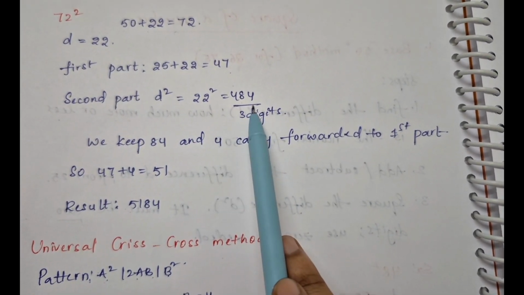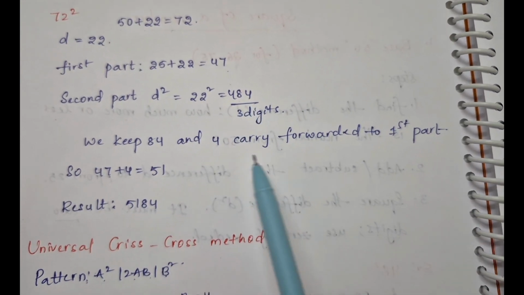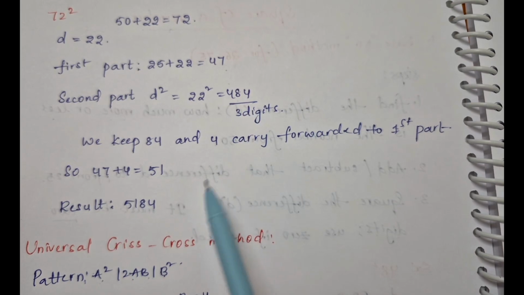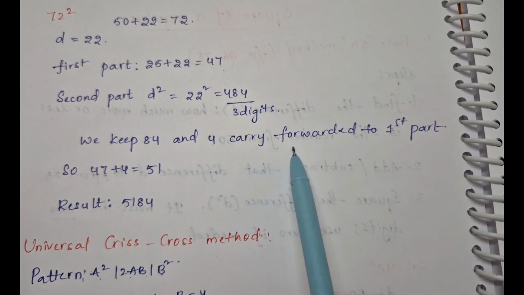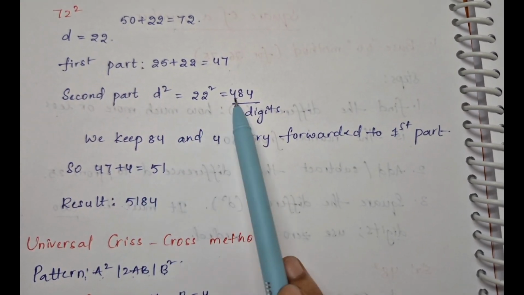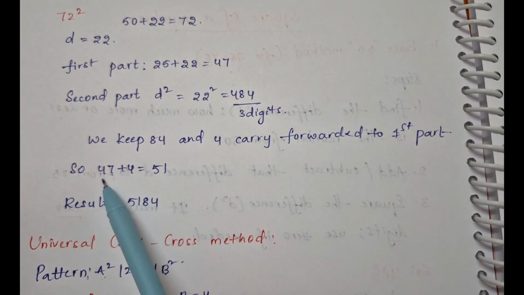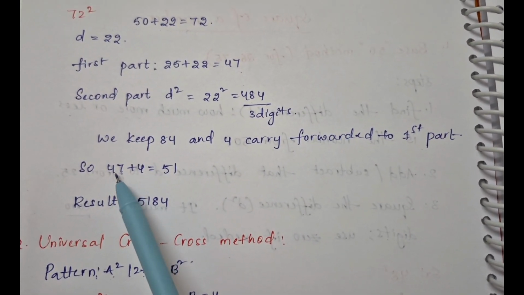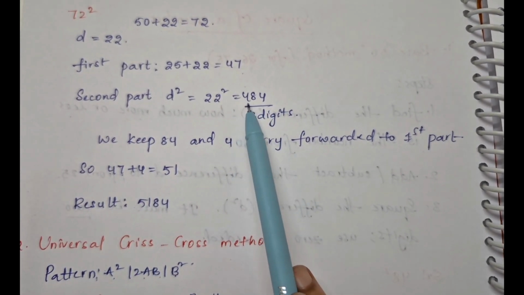We got 484, but here we got 3 digits. So we keep the last 2 digits as they are, and the digit before, here 4, we carry forward to the first part. That means we add this digit to the first part. So 84 we write as it is, and to the first part 47 we add the carried forward 4.